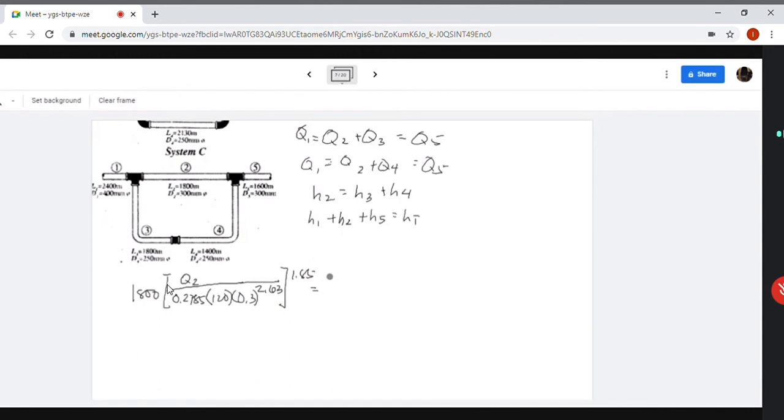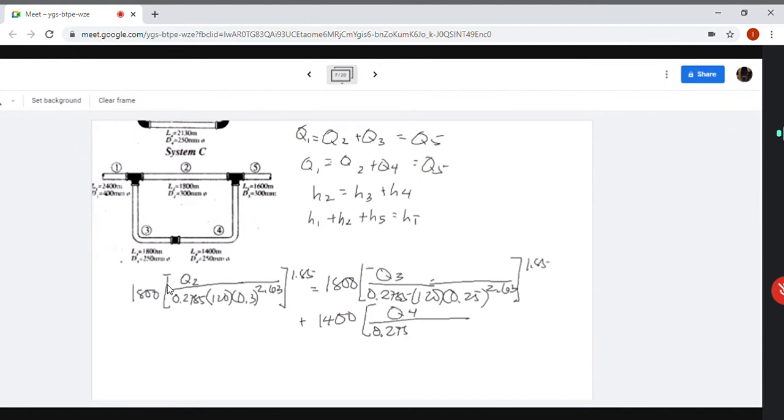That is 1,800 times Q3 over 0.2785 times 120 times 0.25 to the 2.63, to the 1.85, plus 1,400 times Q4 over 0.2785 times 120 times 0.25. They are the same.